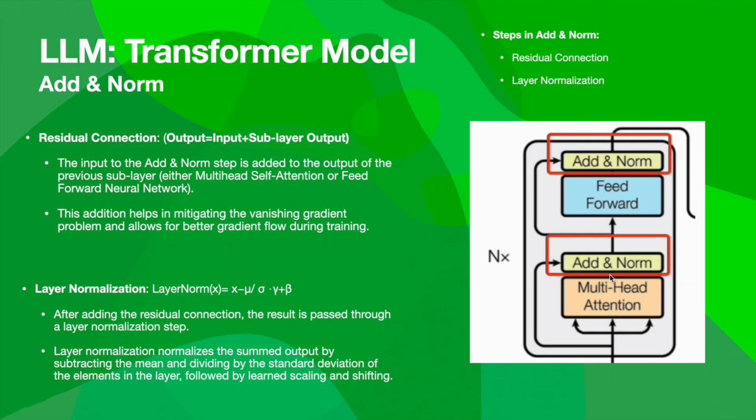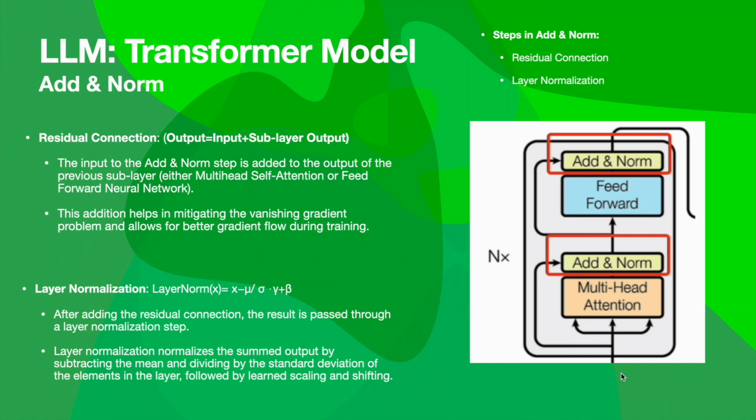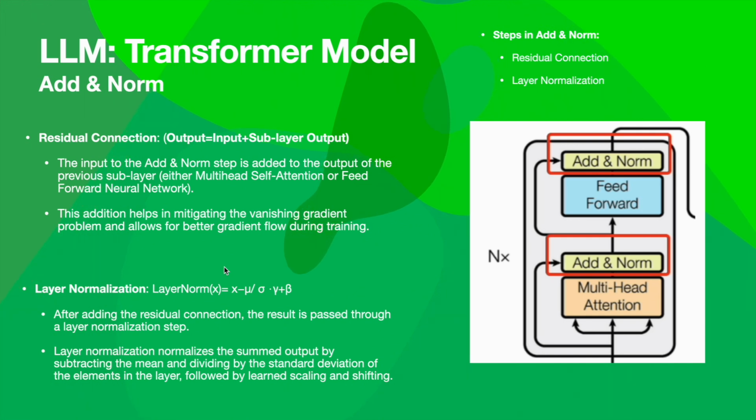You get some output from this, and you take the input directly, and both go into the addition and normalization layer. This addition helps mitigate the vanishing gradient problem, which I already discussed, during backpropagation while training and updating your weights, so that your model does not run into the vanishing gradient problem. And once you have added this, you go with the layer normalization.